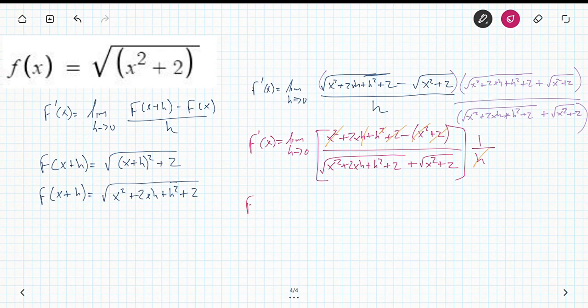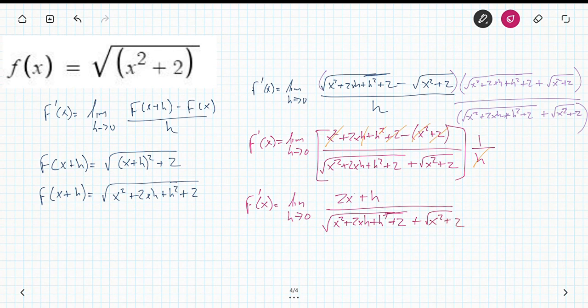So let's see, f prime of x is going to be the limit as h approaches 0 of 2x plus h, okay, over this big old huge expression which I hate, and I know you hate too. x squared plus 2xh plus h squared plus 2, and then plus x squared plus 2.